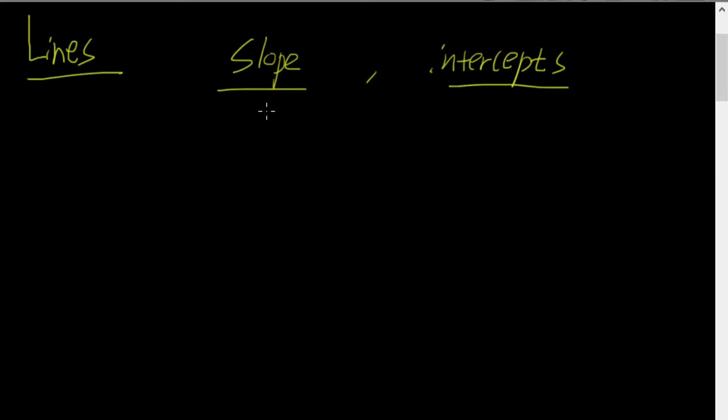the stiffness of a line. You know, some lines increase like this. Well, let's pretend that these are all straight lines. Some lines increase like this. Some lines do not increase, do not decrease. Some lines even decrease.